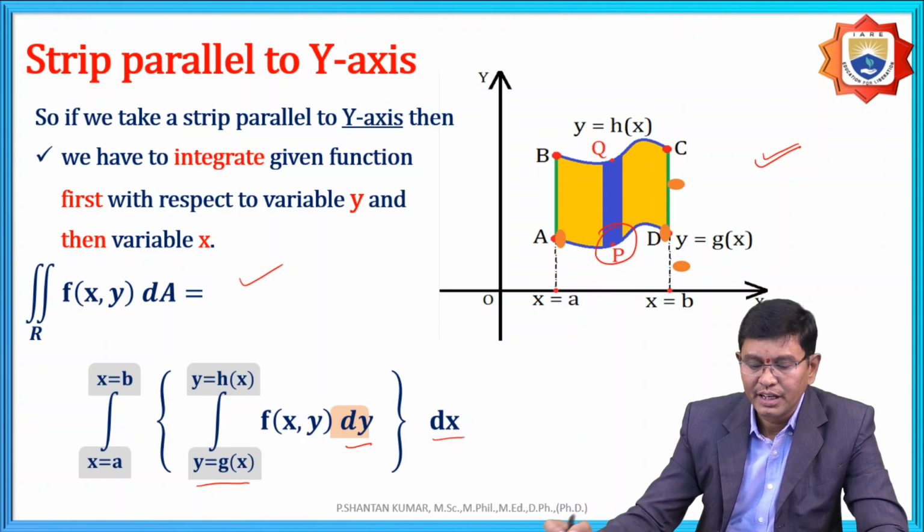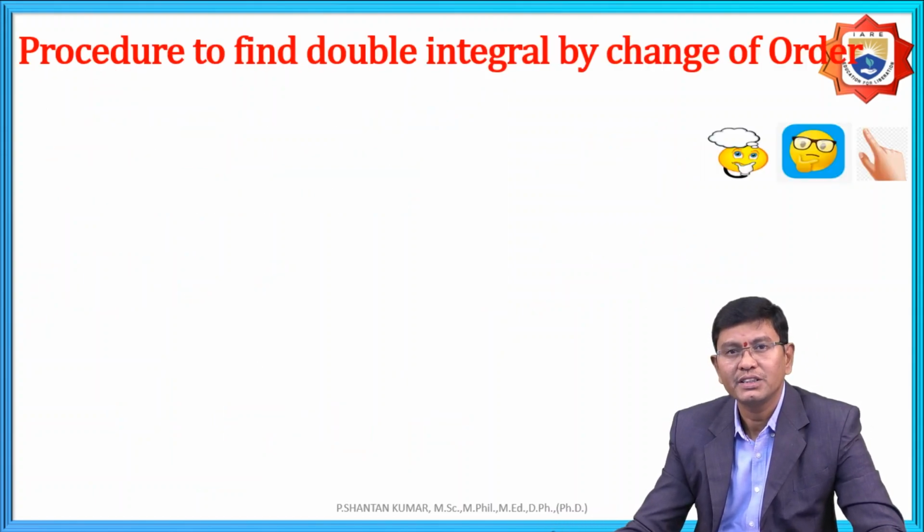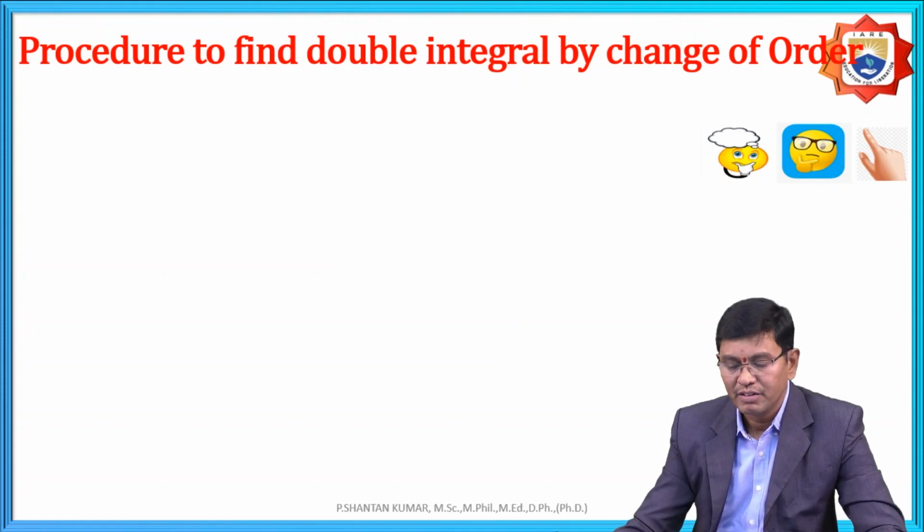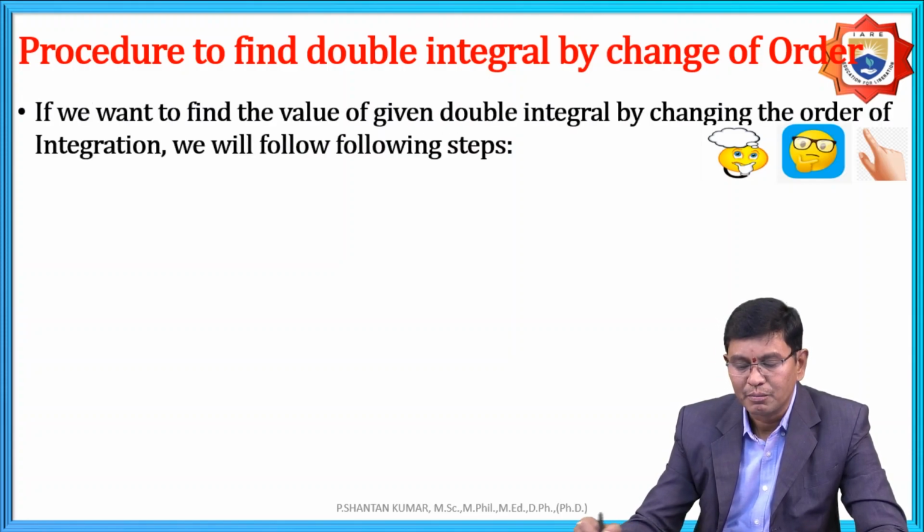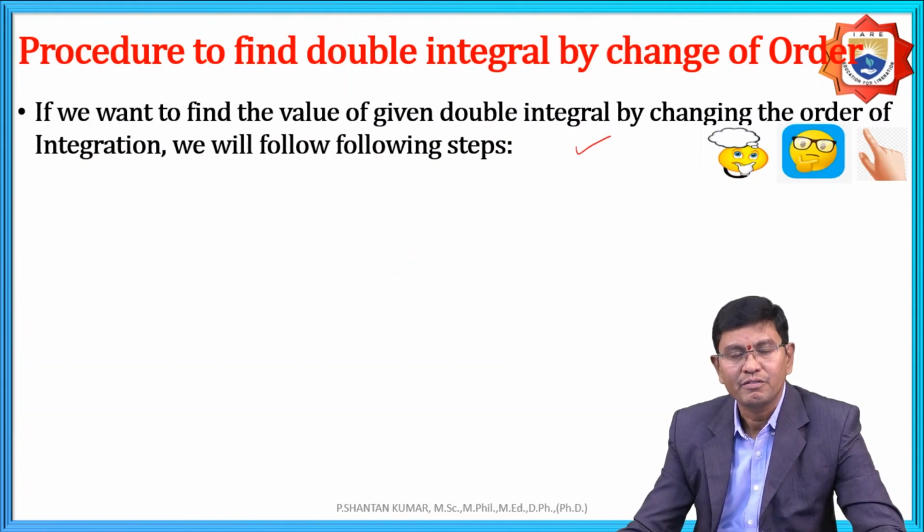Next is the procedure to find the double integration by change of order of integration. If we want to find the value of the given double integral by changing the order of integration, we need to follow certain steps.